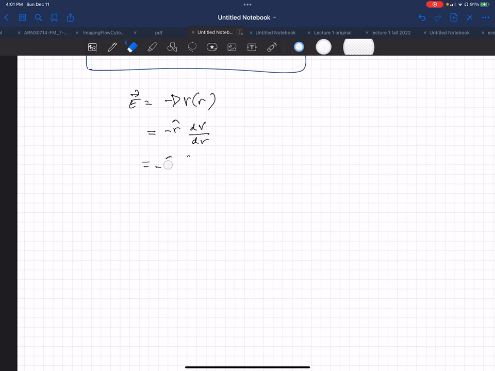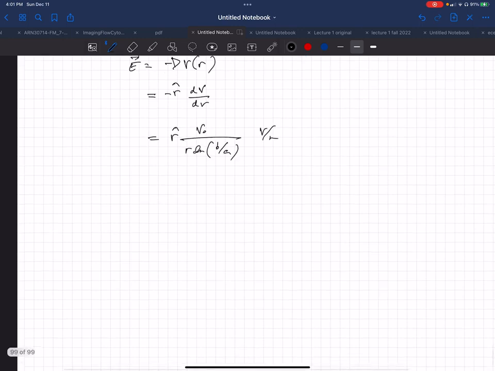Oops, I think the negative goes away here. It is equal to r hat V0 over r natural log of b over a, in volts per meter. And then D is equal to r hat epsilon V0 over r natural log of b over a.